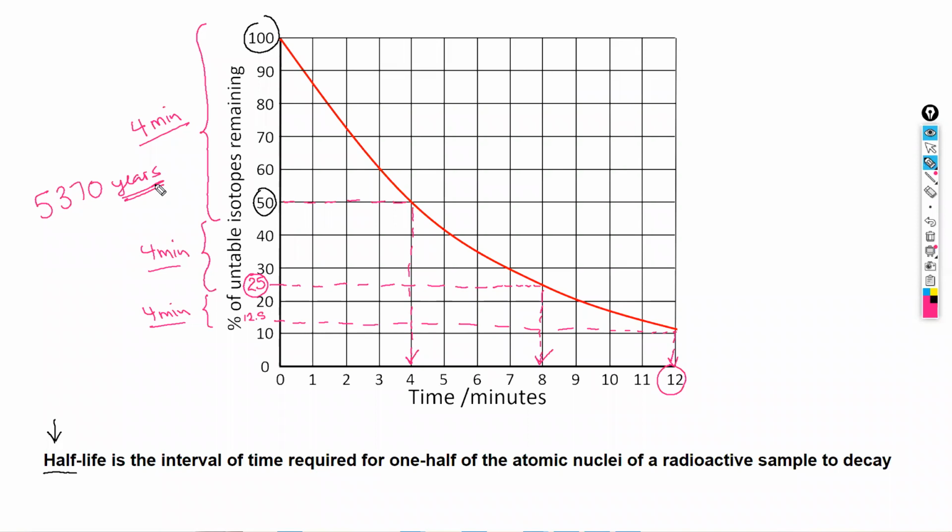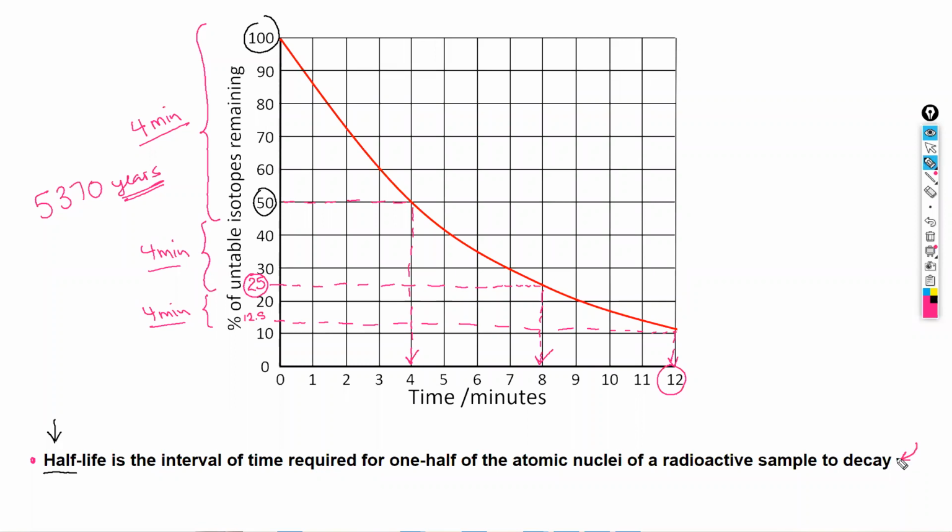Okay, so if they ask you what is a half-life, let me just read it through to make sure you understand the definition. So I want everyone to take down the definition.